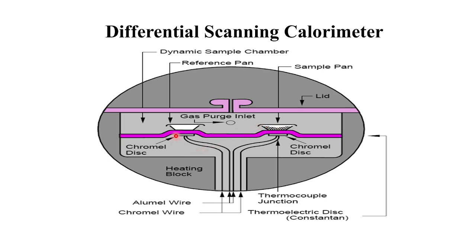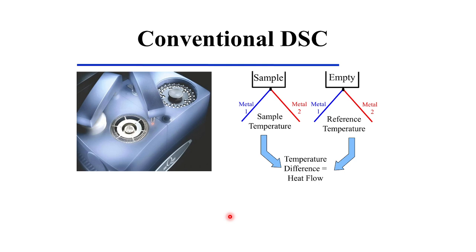There is also a chromel disk, that is actually the thermocouple to measure the heat or temperature, and also there is an aluminum wire that is also attached with both sample and reference, and a thermoelectric disk that is made of constantan to probe the temperature.